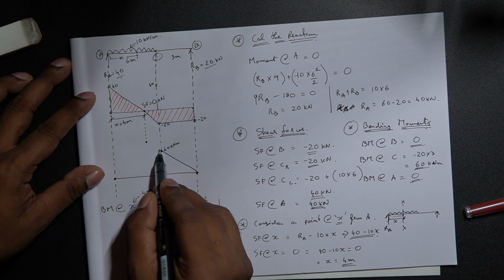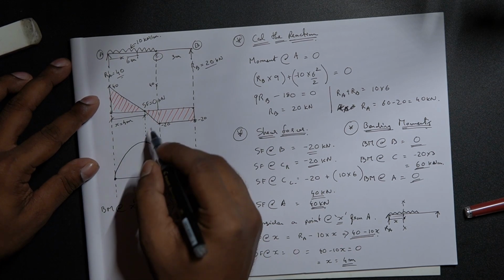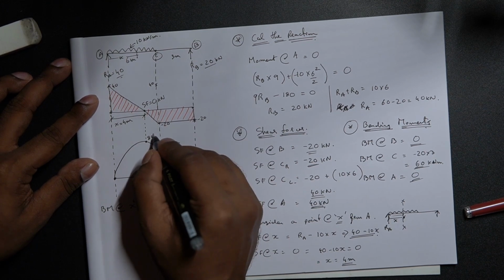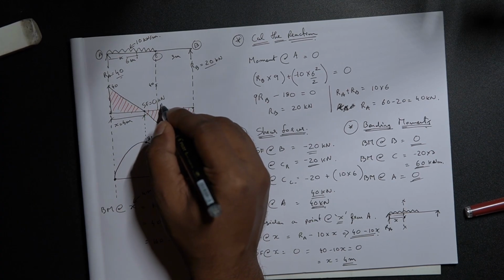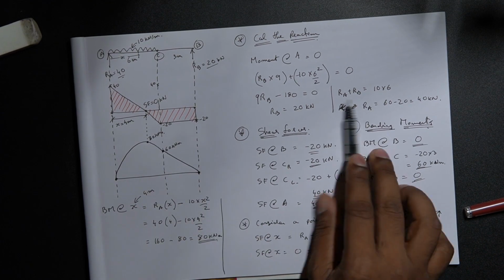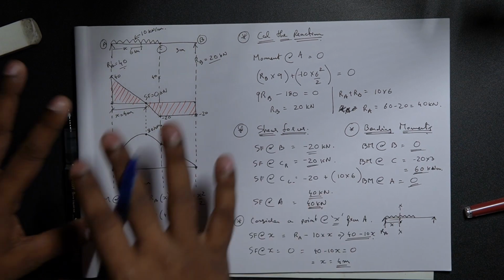Now if you see, the maximum bending moment is here, that is 80 kilonewton meter, where the shear force is exactly 0 kilonewtons, and it is at a distance of 4 meters. Now you see how the entire working of this goes.